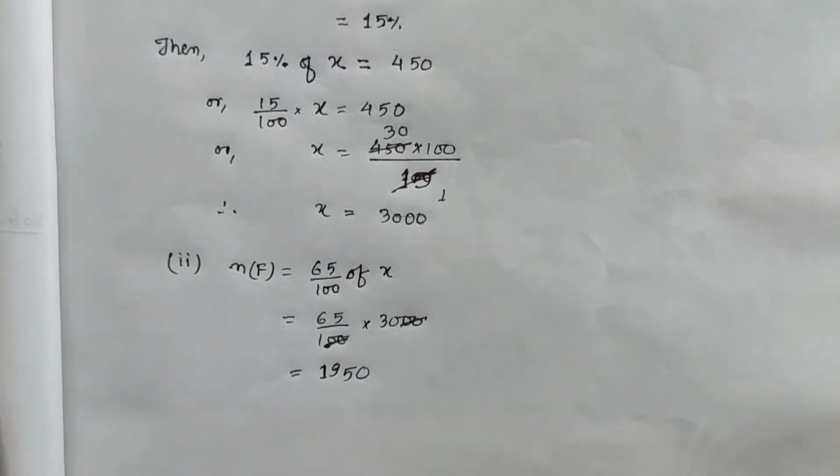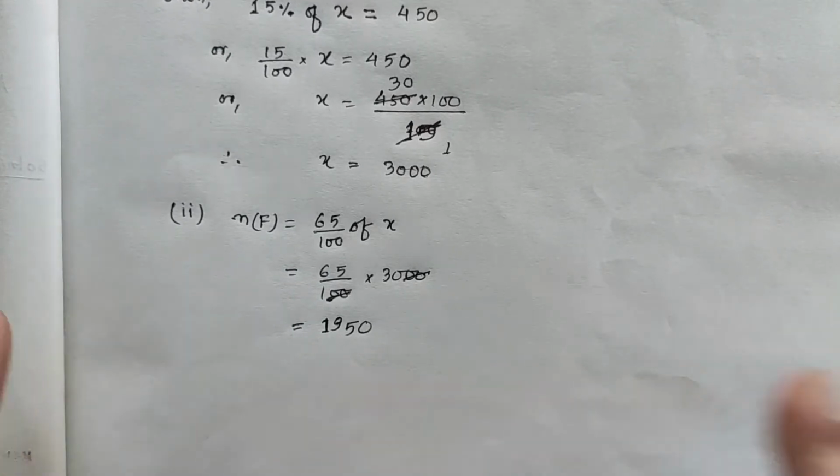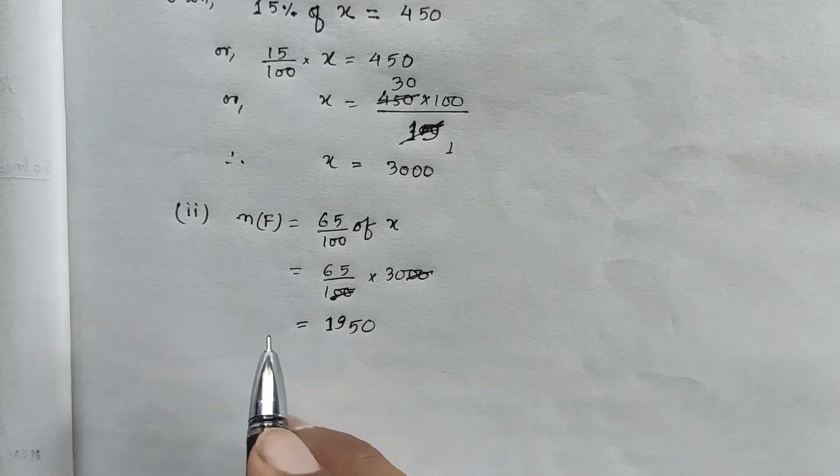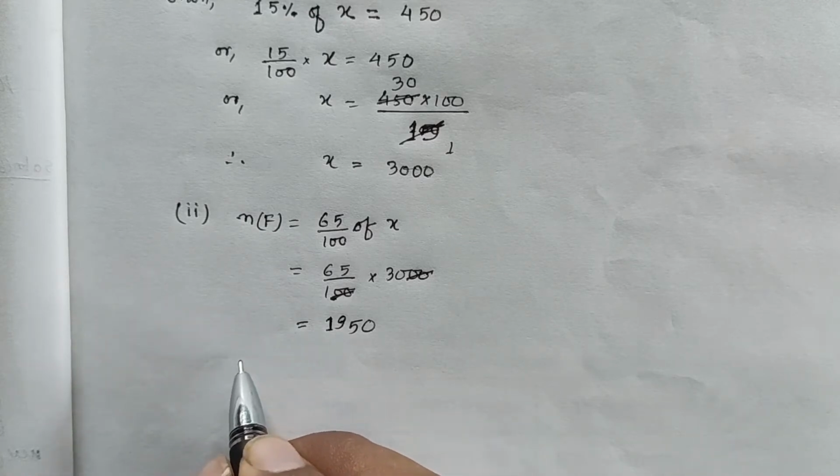So total NF is 1950. And to find N only F in number, we have to find the intersection part also.